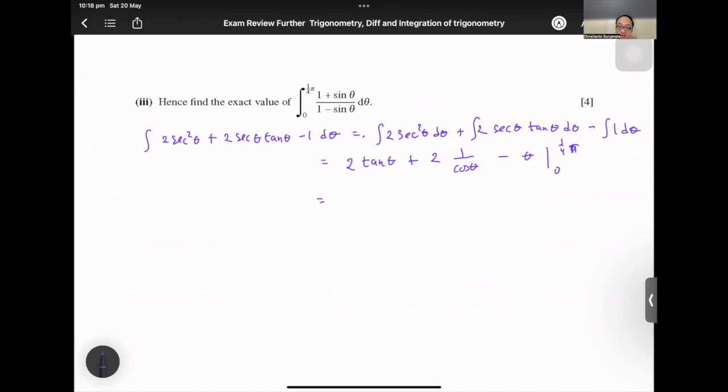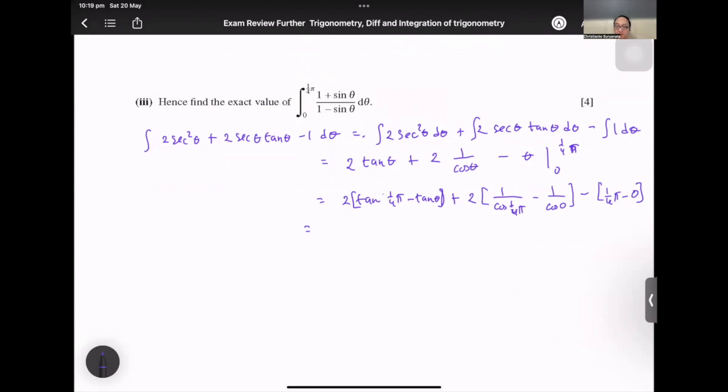So that means this is 2 tangent theta. I change this one first. Oh, no need. So I just put the bracket, 1 over 4 pi for theta, minus tangent 0, plus 2 times 1 over cos 1 over 4 pi minus 1 over cos 0, minus 1 over 4 pi minus 0.